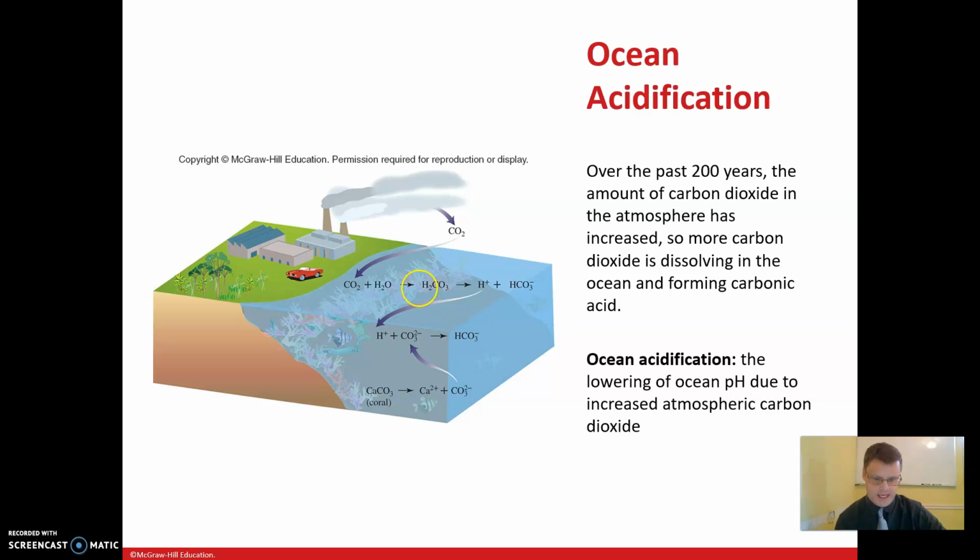The reason that's significant is that H+ can react with carbonate present in the ocean to form bicarbonate. The reason we care about this carbonate is that if we are using it up to react with the excess H+ ions, well, that carbonate comes from calcium carbonate, and some sea creatures like coral are made of calcium carbonate.